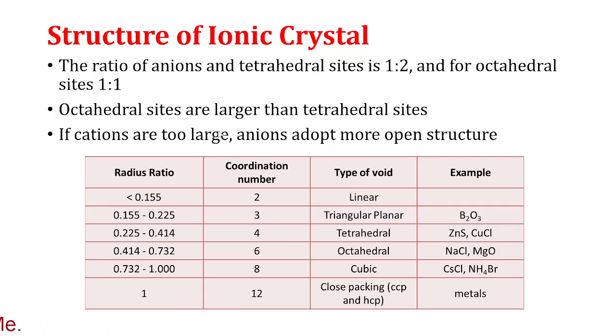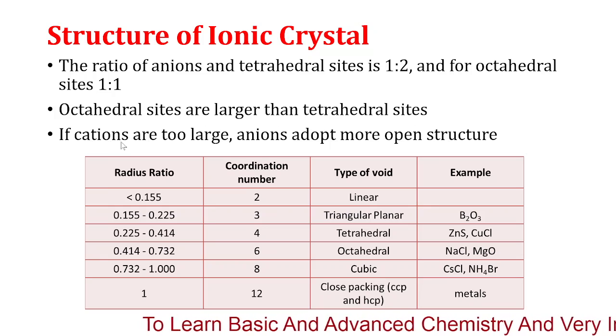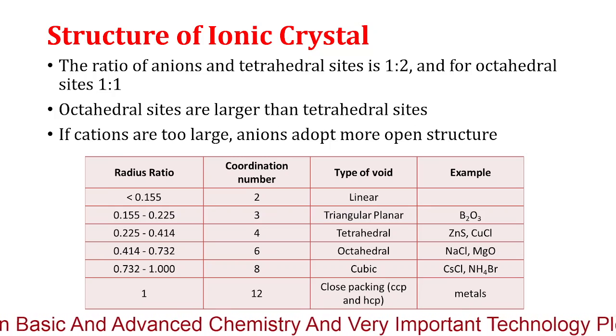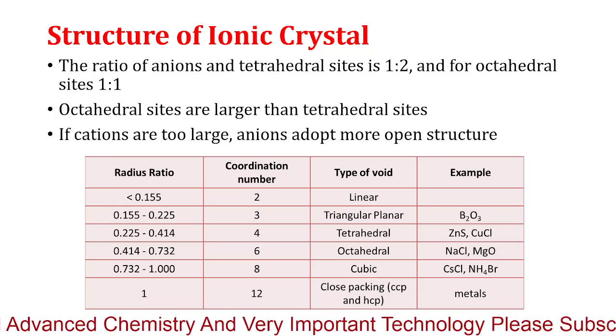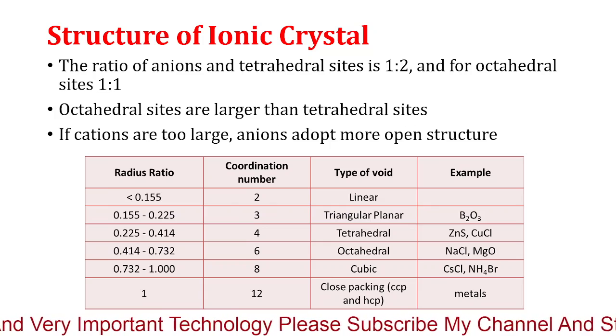Octahedral sites are larger than tetrahedral sites. Okay, if cations are too large, anions adopt a more open structure. That means, as already mentioned, if the cations are very small, then they will occupy the holes or open spaces.